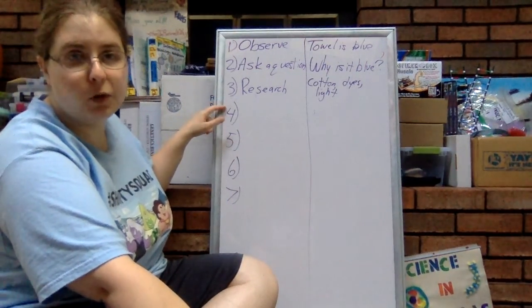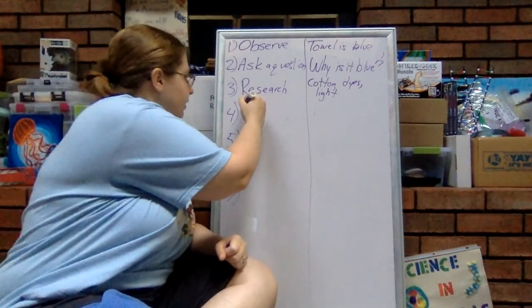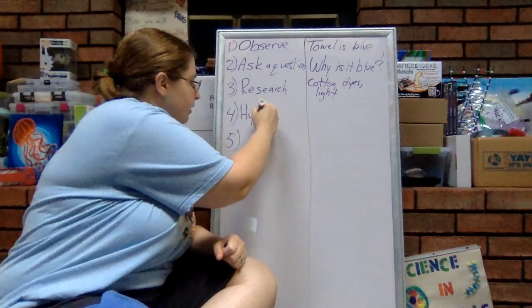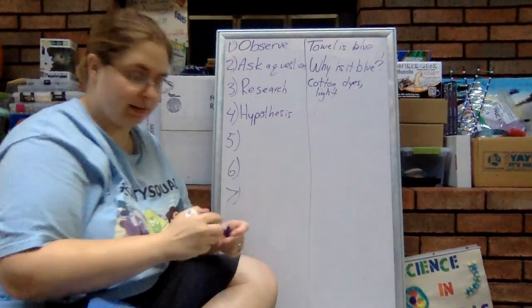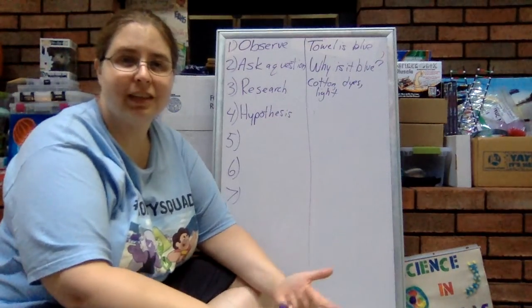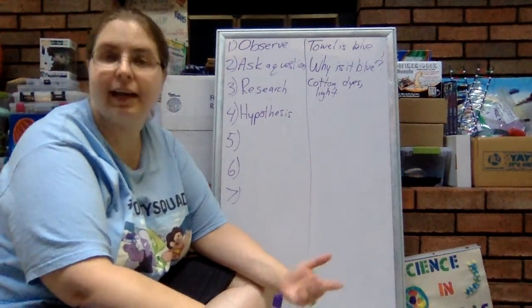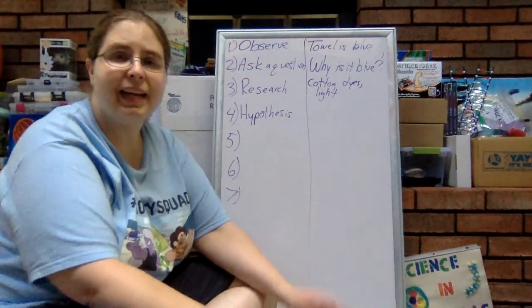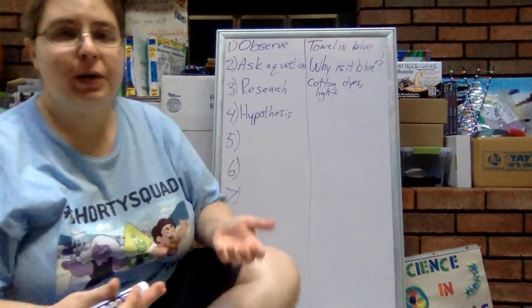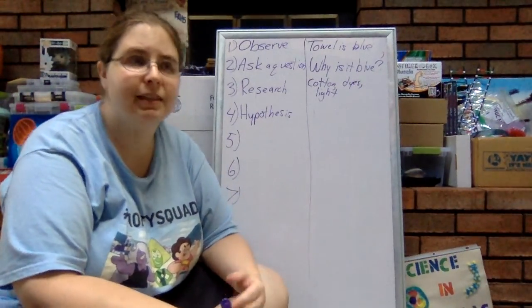Now, a lot of kids know what this next step is. It's to form a hypothesis. Hypothesis. And like I said, most kids can actually define what a hypothesis is. It is an educated guess. And if you're going to make an educated guess, you have to have some foundational knowledge about your topic.